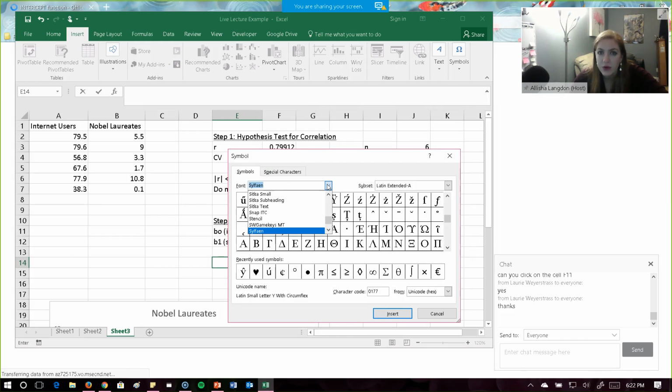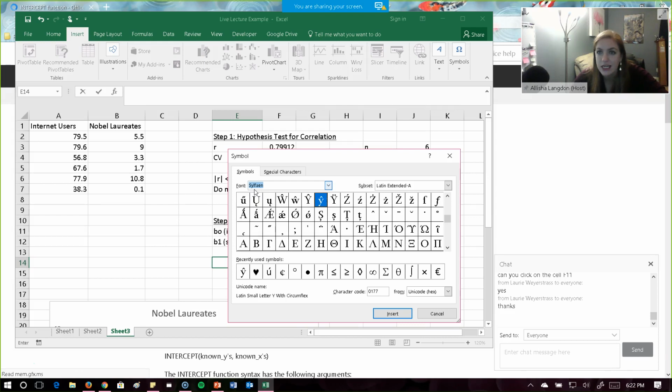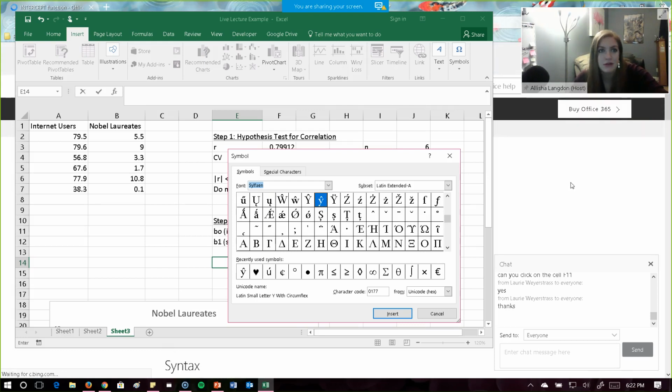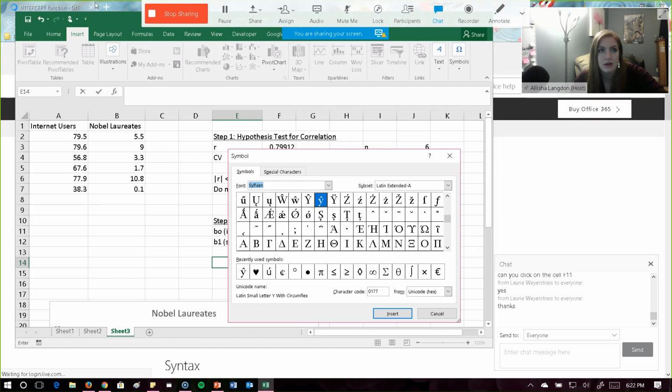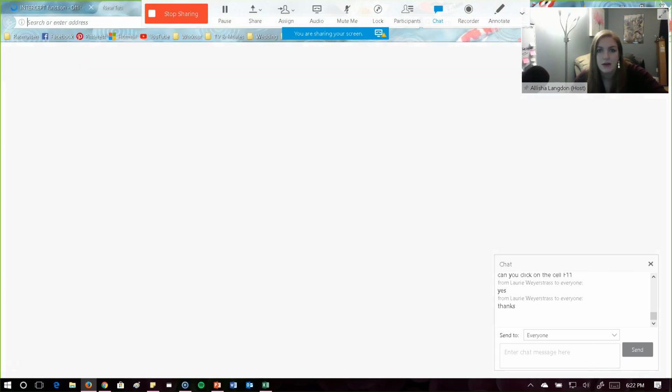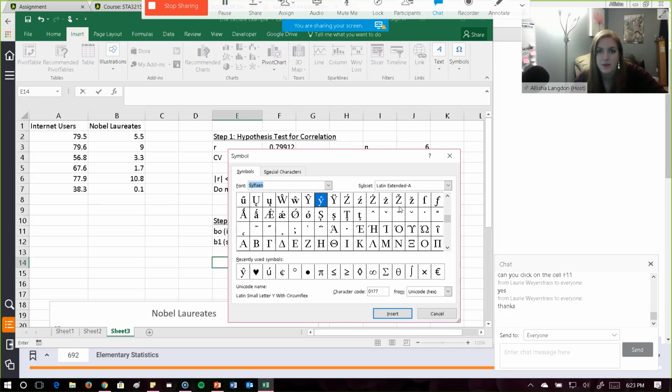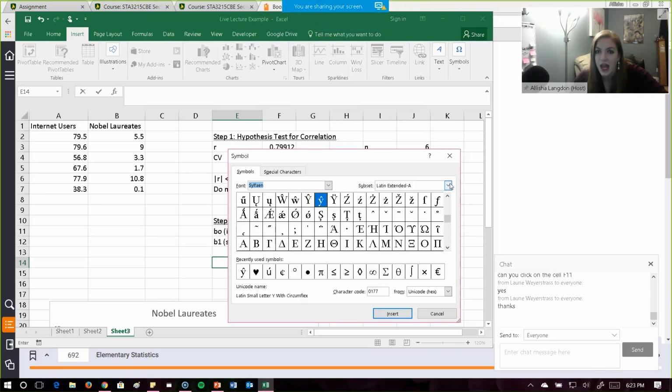Now, if you go to font, make sure it's Latin extended.